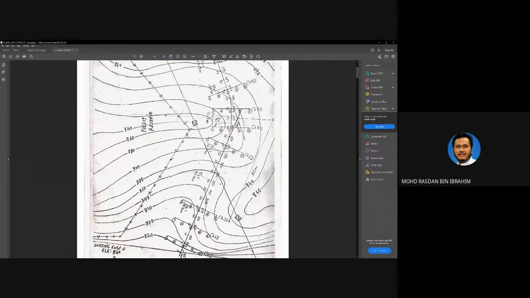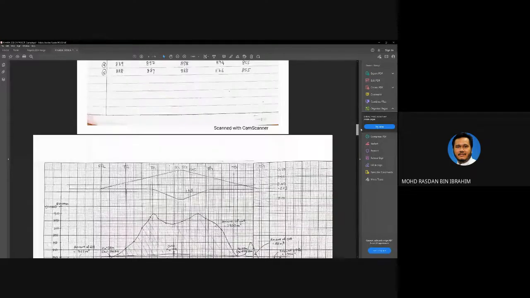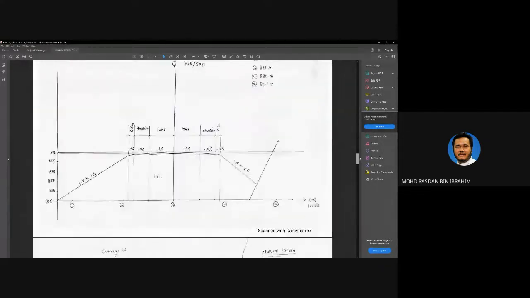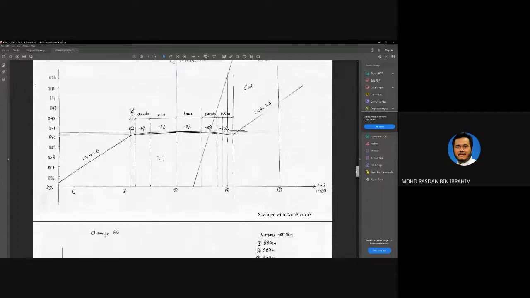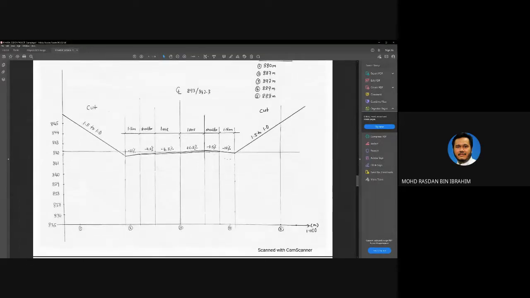This design is needed to make sure that the centrifugal force of the vehicles moving along the road will not make the vehicle topple over easily. So you see, right hand side going up, left hand side going down. This is showing that the curve is going to the left.